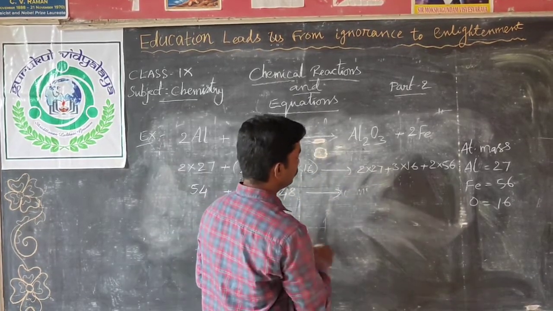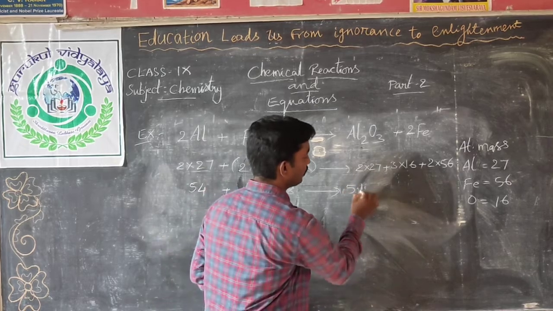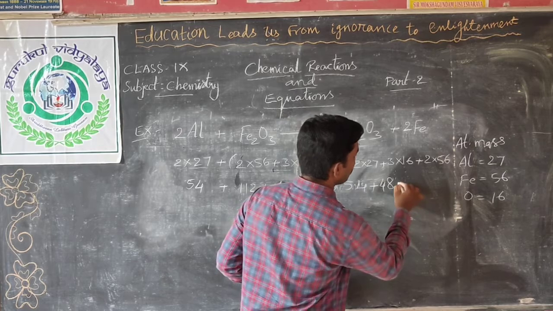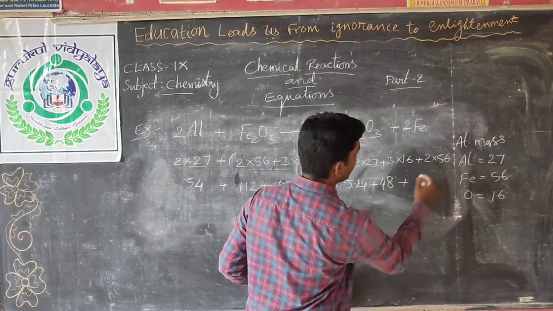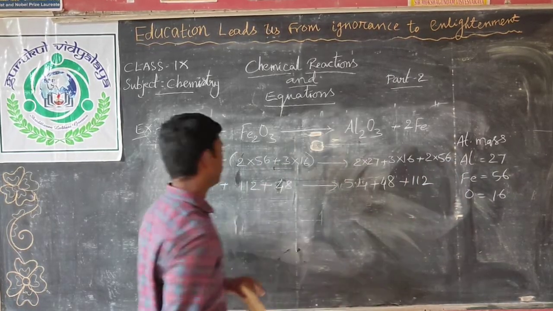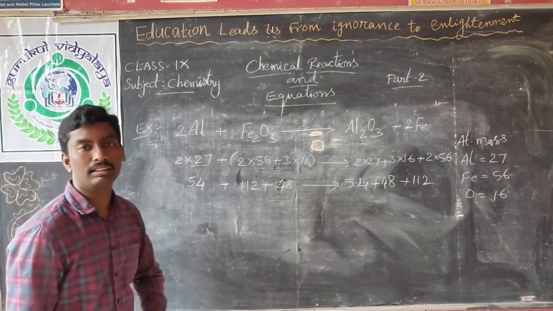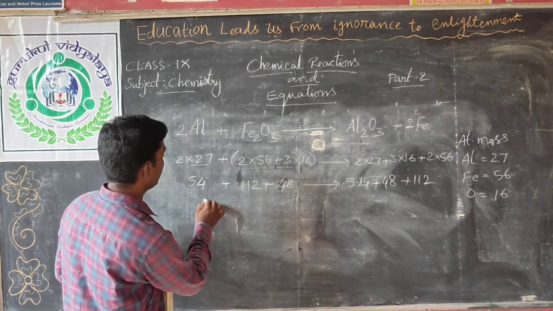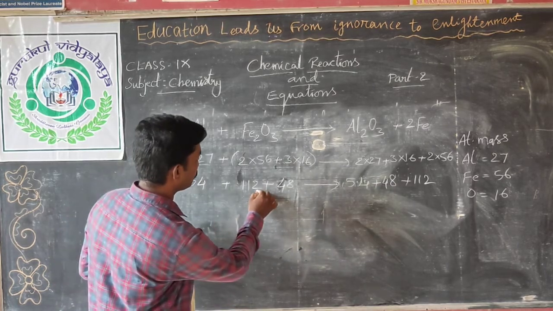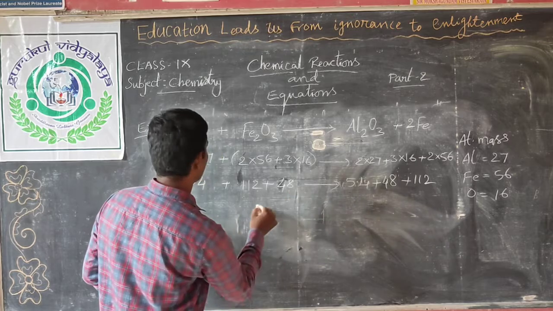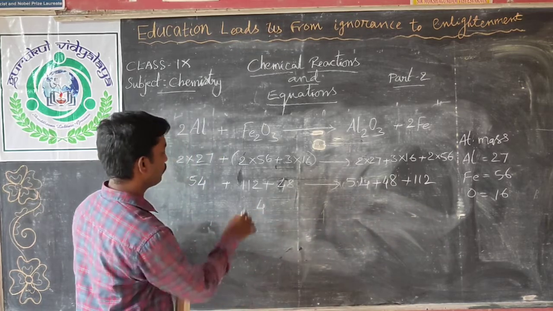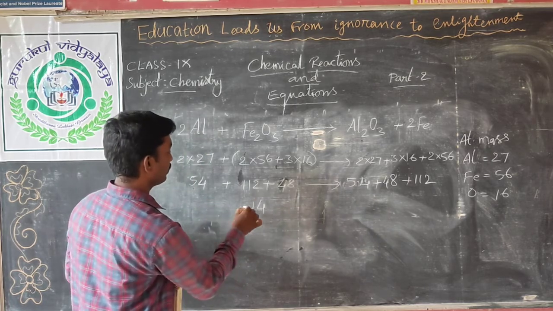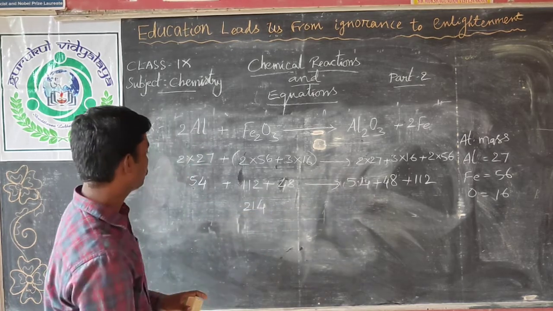So 2 into 27 is 54, 3 into 16 is 48, and 2 into 56 is 112. By adding all the masses of the chemicals, what do we get? 4 plus 2 is 6, plus 8 is 14, 1 plus 6 is 7, plus 1 is 11, so 240.